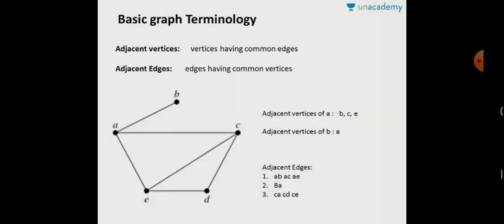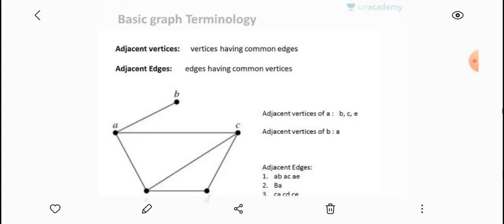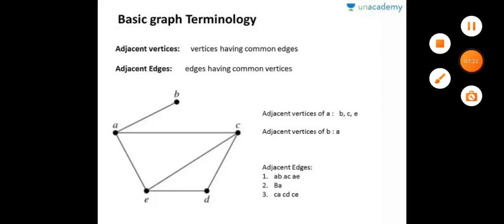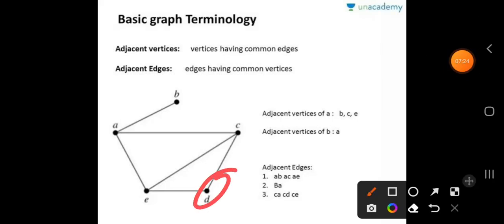If I take one more example, D can have a common edge with C, D can have a common edge with E, but we can't have more than that. So E and C will become the adjacent vertices for D.